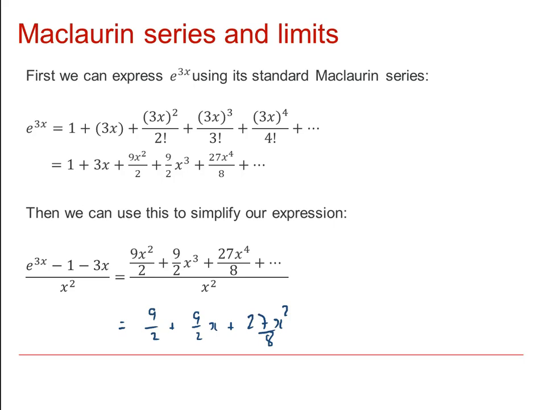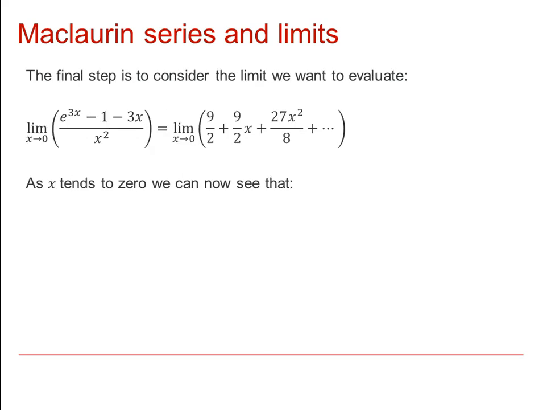Now all that remains is to take the limit of that. Everything which contains x, or anything greater than x in terms of a power, so x squared, etc., onwards, will tend to 0. So all of these will tend to 0, meaning that this limit is equal to 9 over 2.